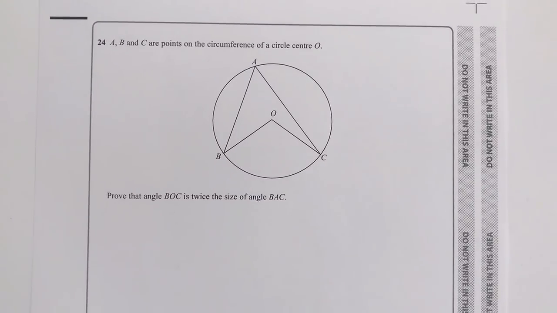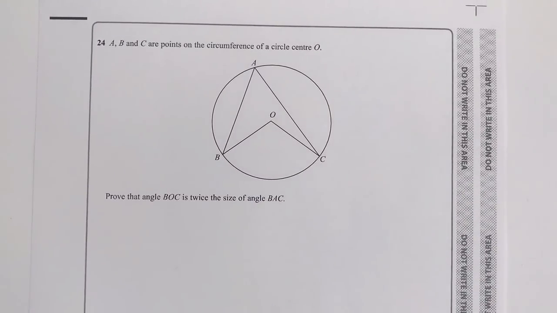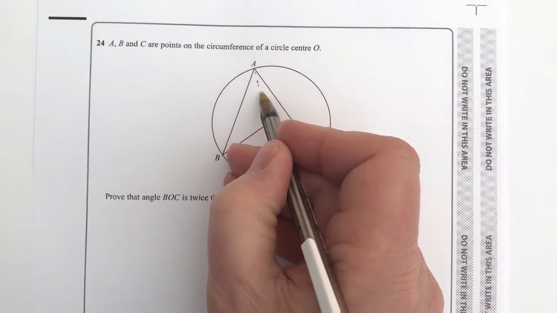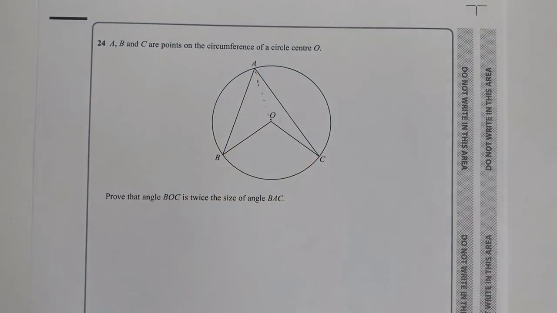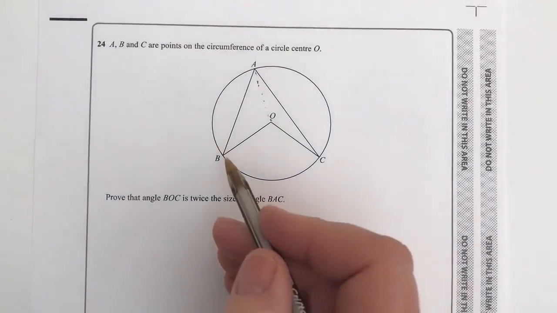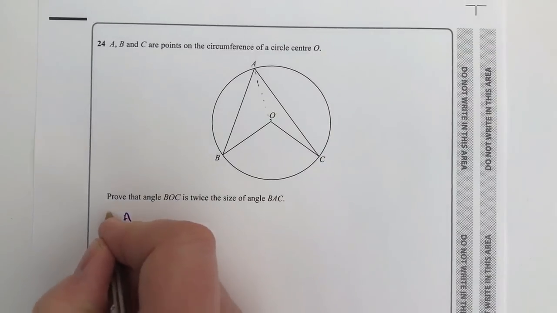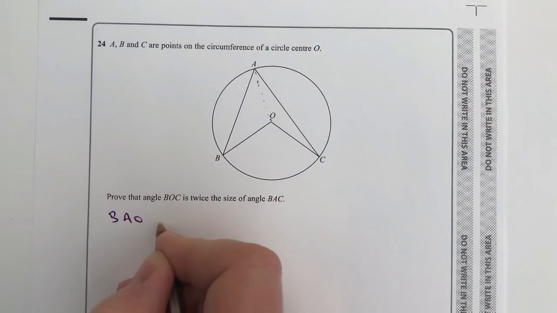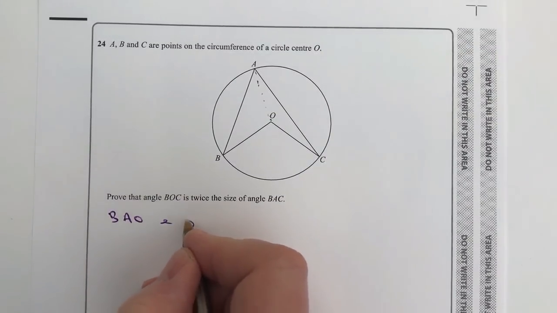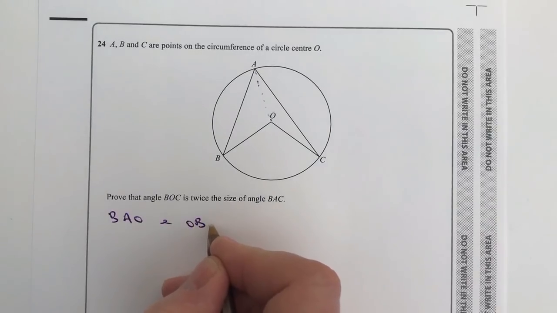Proofs don't come up so often, but generally you get algebraic proof as opposed to proving circle theorems and that sort of stuff. But what I'm going to do is split it up into two triangles, because there's properties of triangles that we know. So I've got this one triangle, BAO, and we'll call it OBA.